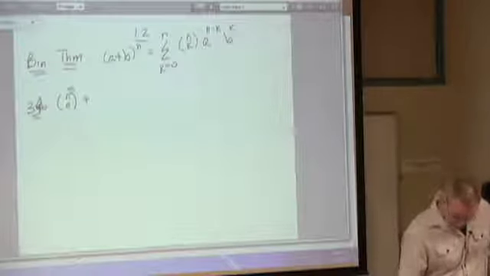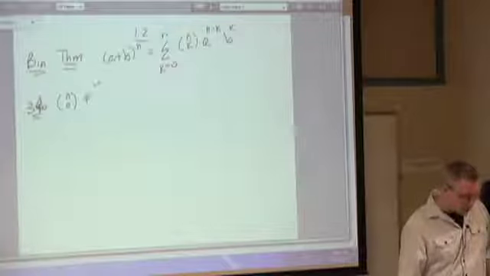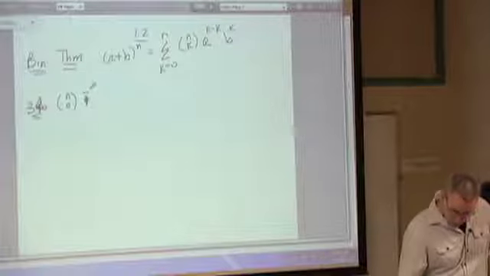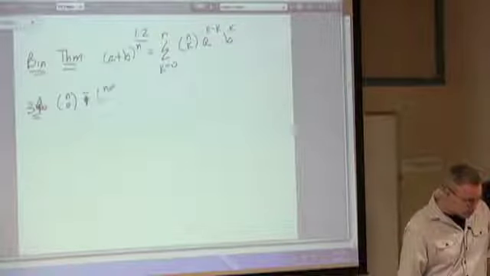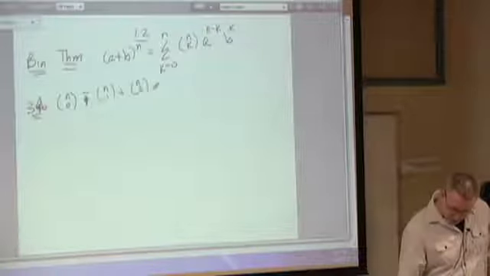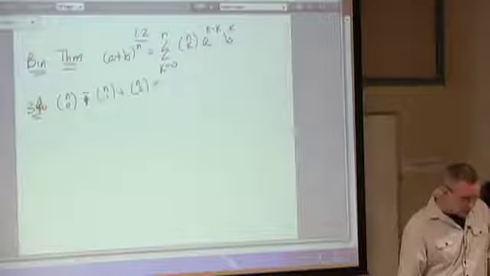Okay. So n choose 0 minus n choose 1 plus n choose 2. This is really messy. I'm sorry. Minus, and then you just keep on going.